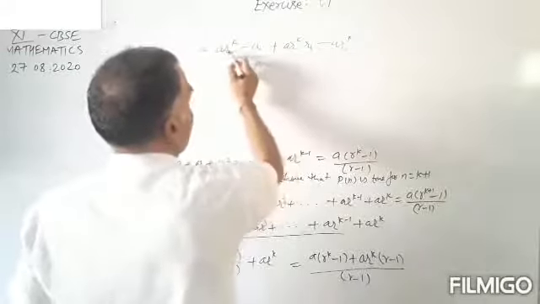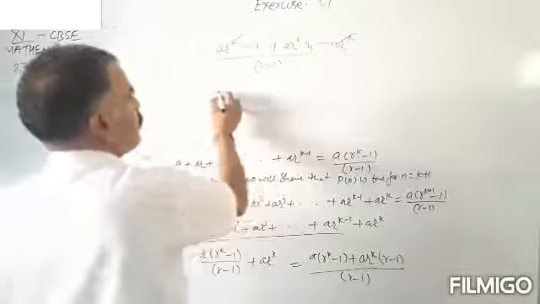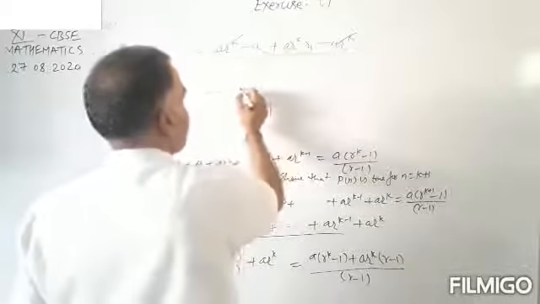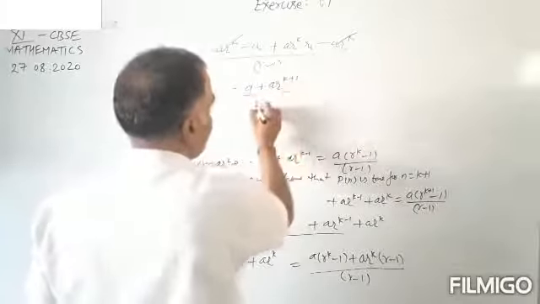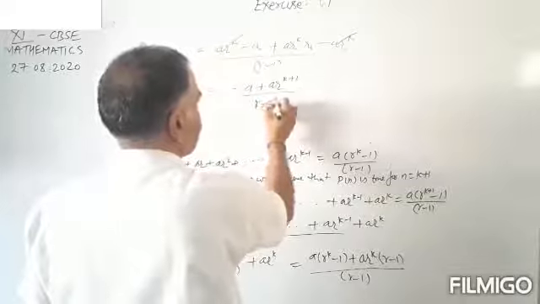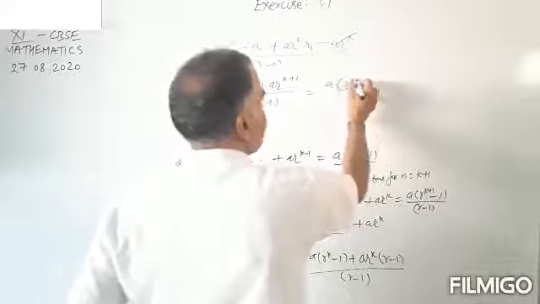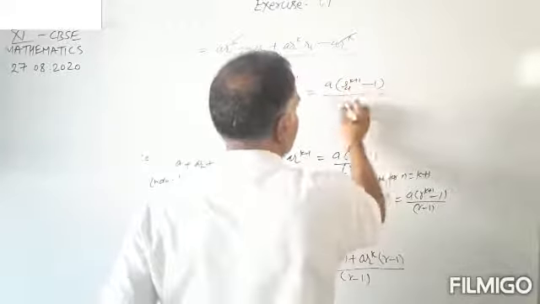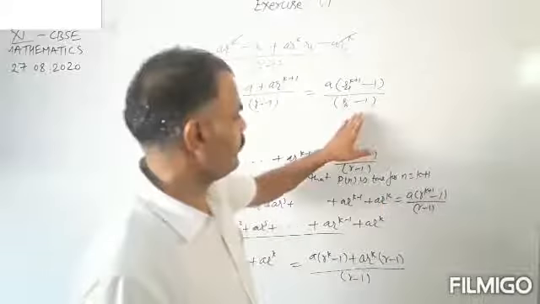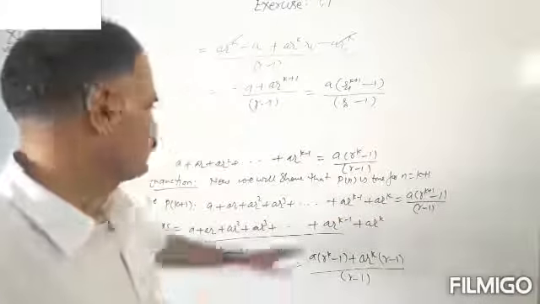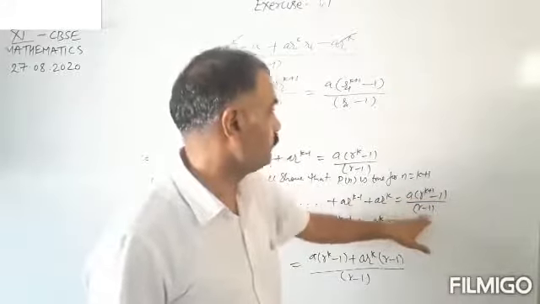So ar to the power k will cancel ar to the power k. So this is equal to minus a plus ar to the power k plus 1 upon r minus 1. Taking a as common, this is a into (r to the power k plus 1 minus 1) upon r minus 1.